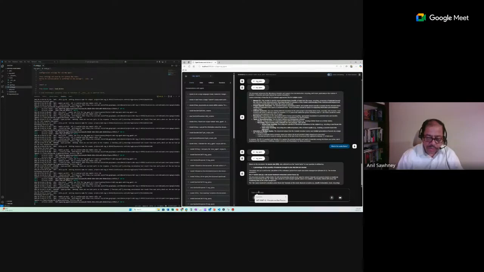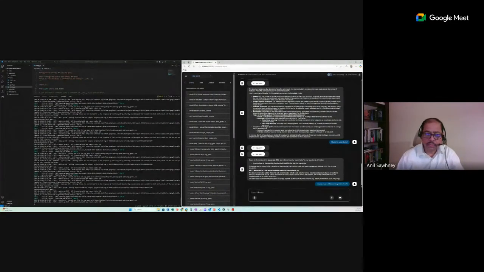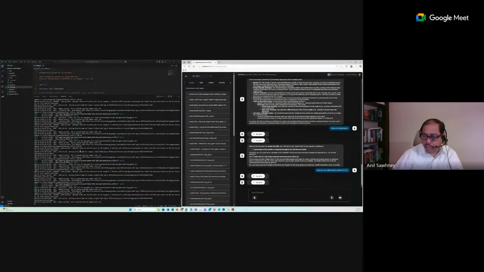Can you optimize the BOQ for reducing cost? I don't know if it will understand, but let's see. Okay, maybe before that, let's say, how can I use a BIM model to perform WLCA? As you can see, it is churning.